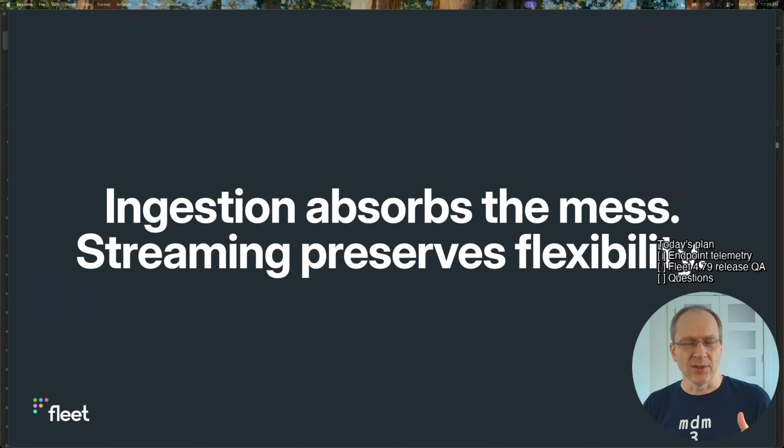And you kind of lose control over buffering, right? The ingestion layer gives you some more buffering. Basically, like the comment says, ingestion absorbs the mess. Streaming preserves flexibility.